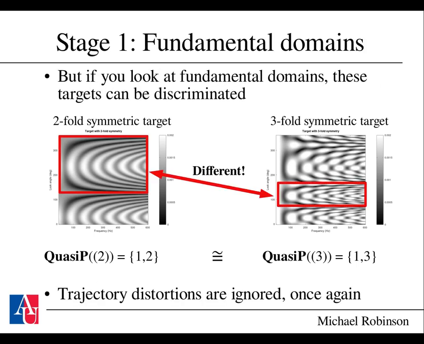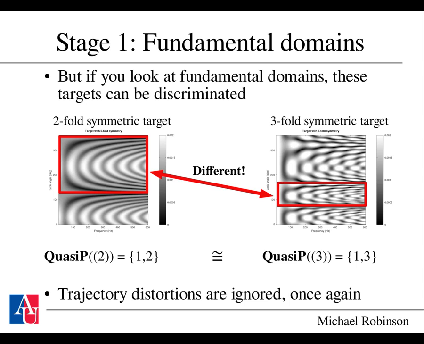Now, if you say, all right, fine, they're equivalent categories, what does that mean for me? What do I need to do? Well, this means that you can still discriminate the targets by looking at fundamental domains. Because remember, what these objects in the category are telling you is they're telling you about factorizations. And effectively what this phi factorization is doing is it's detecting fundamental domains, sort of in quotes, because they're not really exactly periodic, but they're about as periodic as you're going to get.